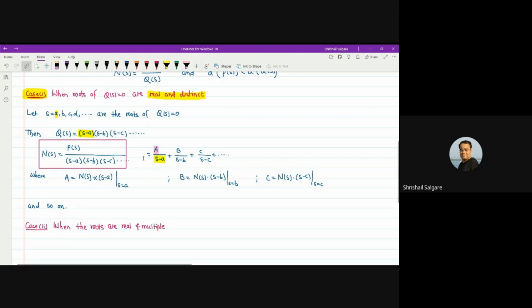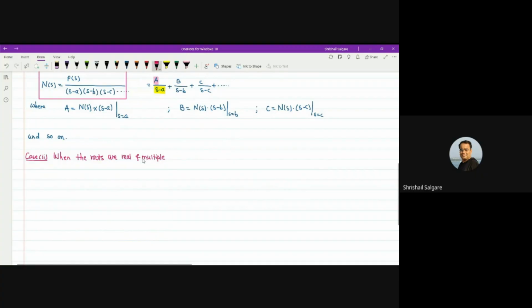Suppose s equal to a is a root of that Q of s, and it is repeated n times. That means let Q of s be given as s minus a raised to n, because this root is repeated n times, multiplied by some Q1 of s. And my assumption is Q1 of a is not equal to 0, meaning a is not a factor of the remaining part.